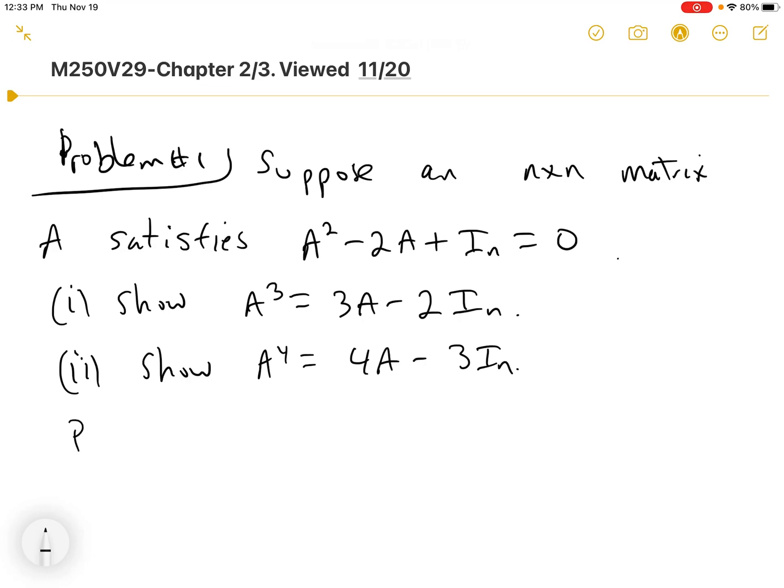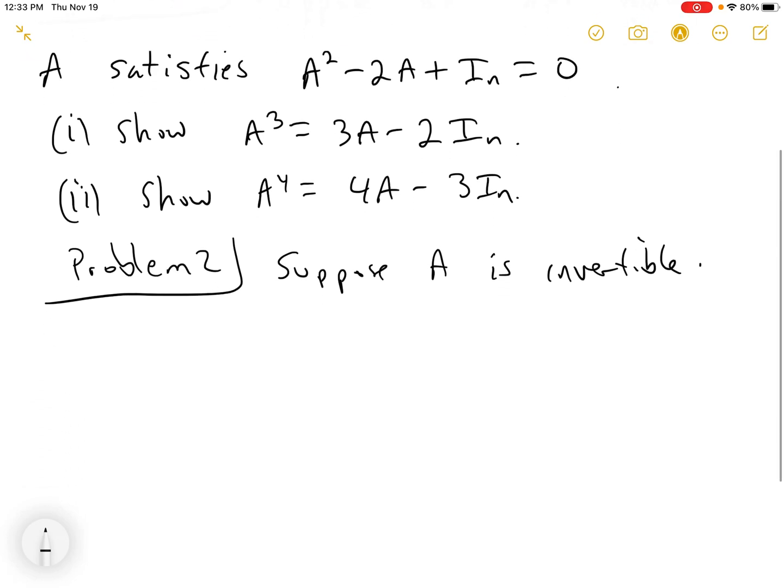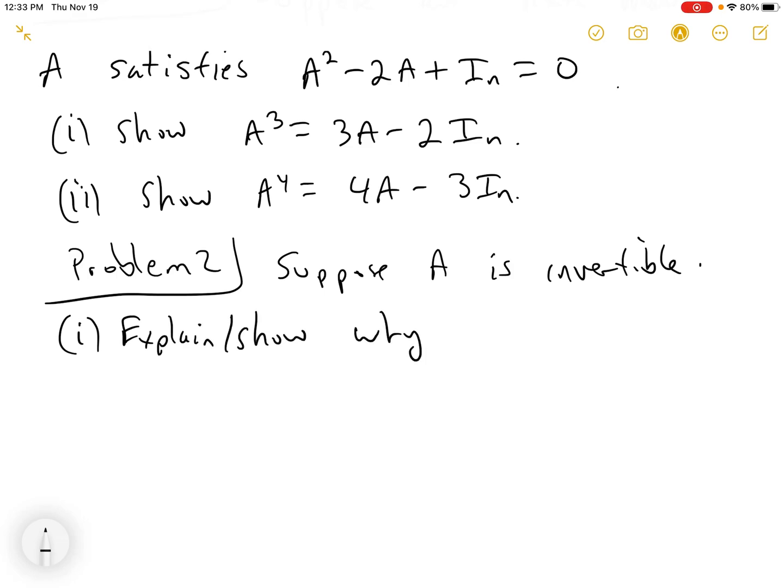So problem 2, it's a great problem. 2 is even better. Suppose A is invertible. Right. So our only hypothesis is that A is invertible. So 1, first you show or explain why A transpose A is also invertible.